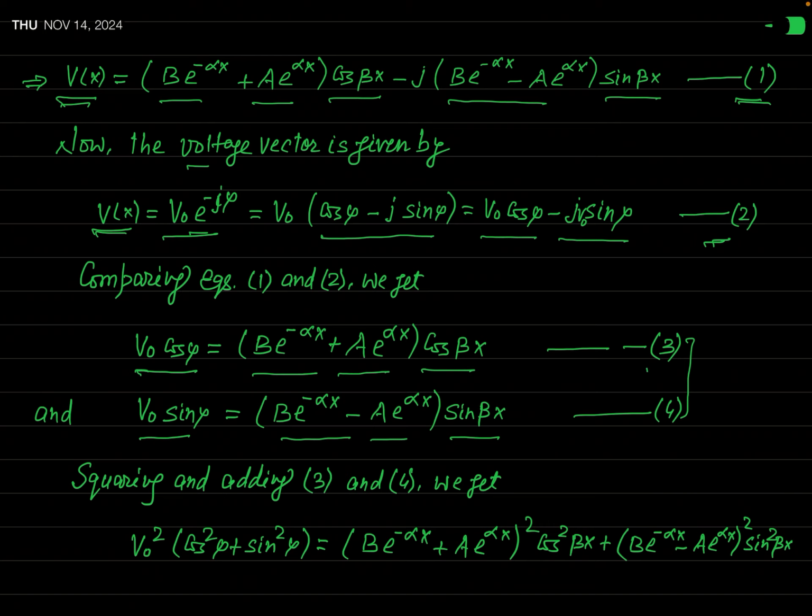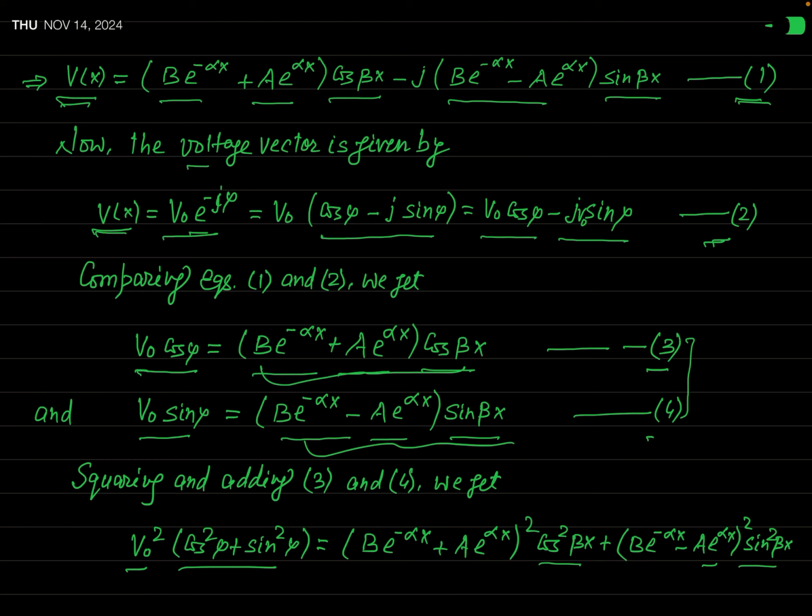So let us square equations 3 and 4 and, after squaring, add them. Your result will be V naught square times cos square phi plus sin square phi, and that will be equal to b times e to the power minus alpha x plus a times e to the power alpha x, whole square, times cos square beta x, plus b times e to the power minus alpha x minus a times e to the power alpha x, whole square, times sin square beta x.